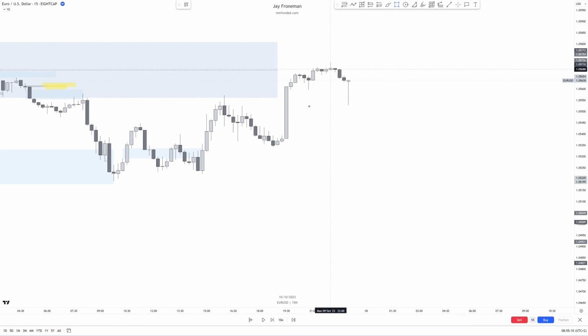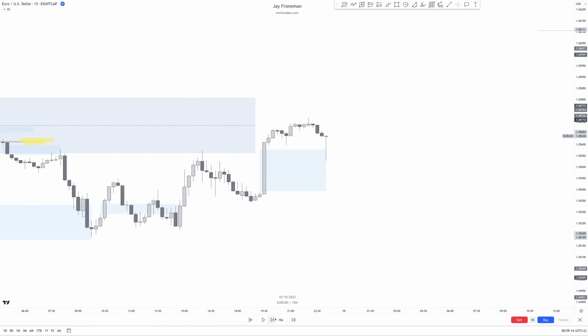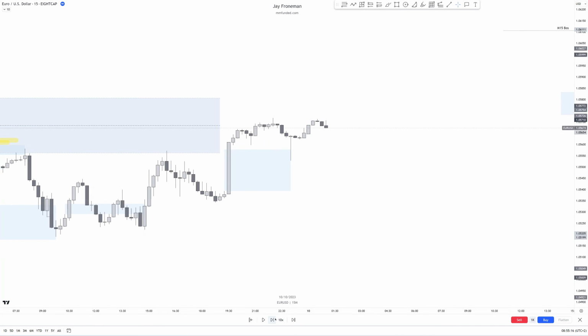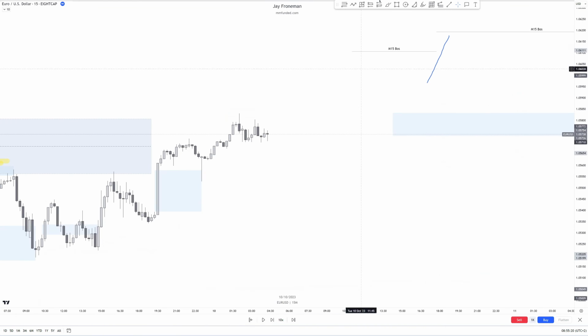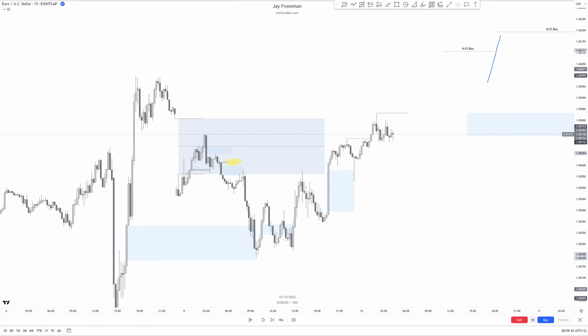So we can expect price to continue reacting off this larger fair value gap to continue higher. Okay, and price busy targeting those expectational weak highs.